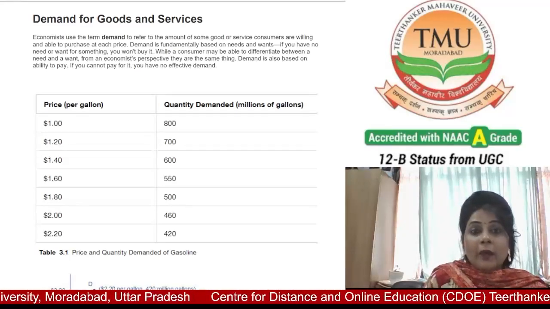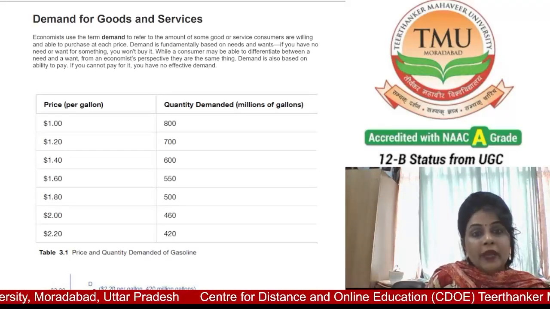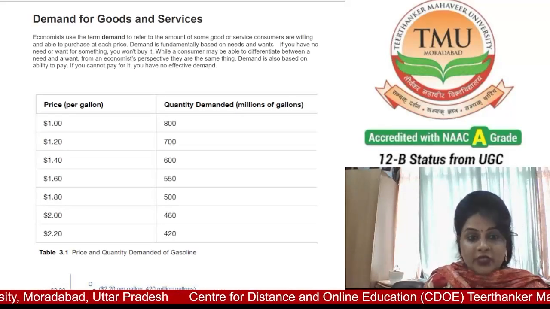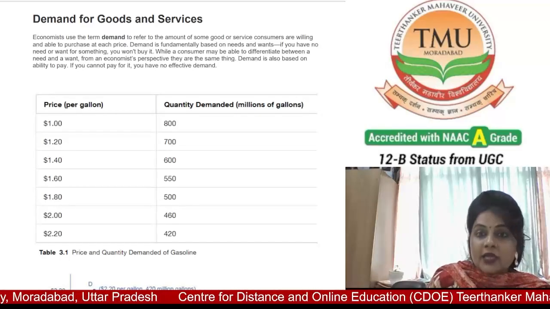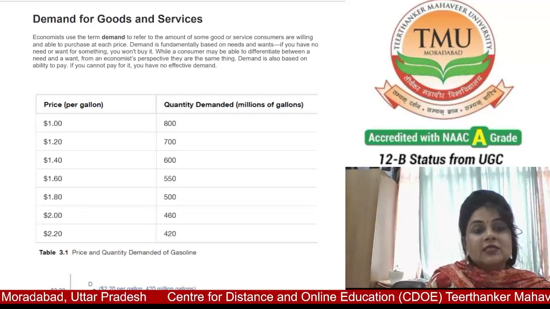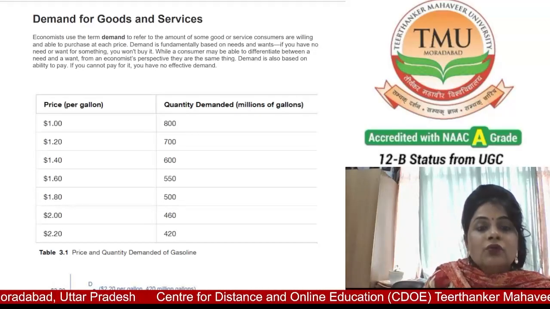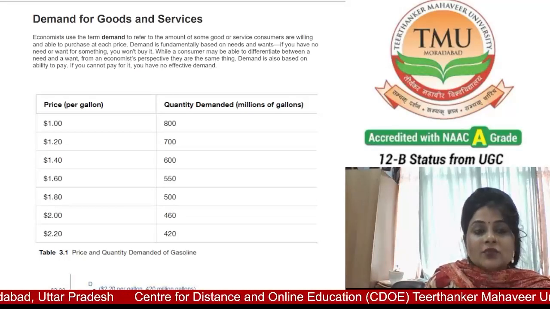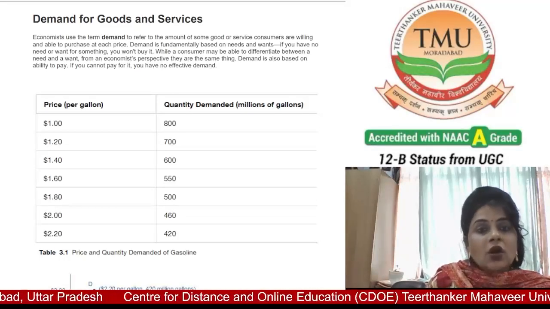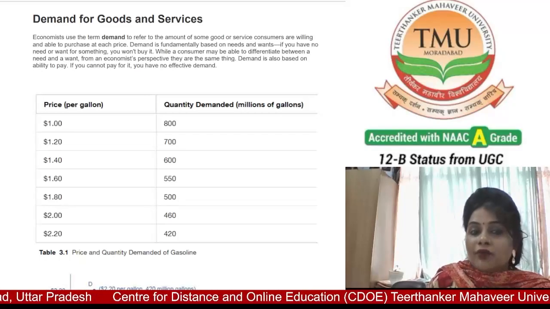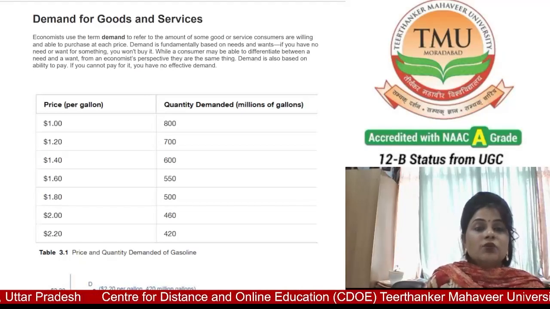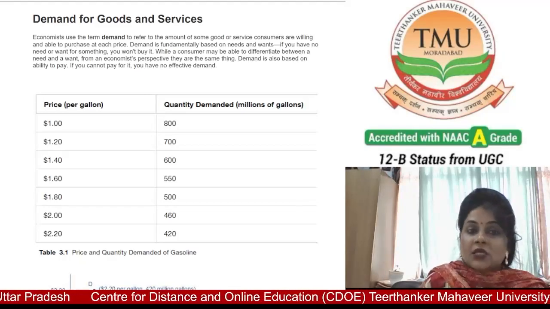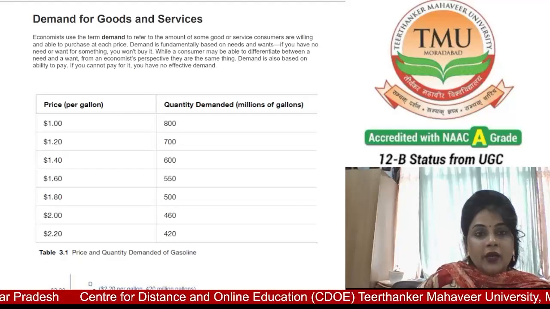So for effective demand, willingness and ability to purchase at a given price and given time is necessary. What a buyer pays for a unit of a specific good or service is called price. The total number of units that consumers would purchase at that price is called the quantity demanded.